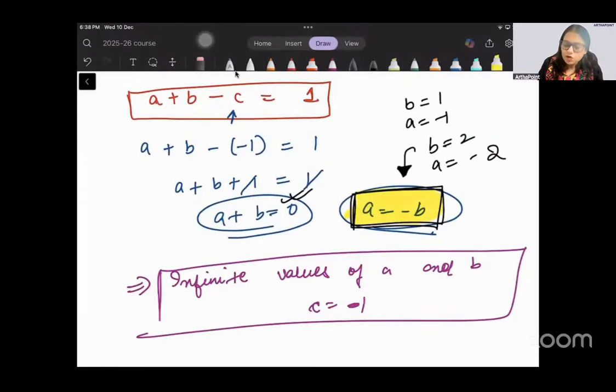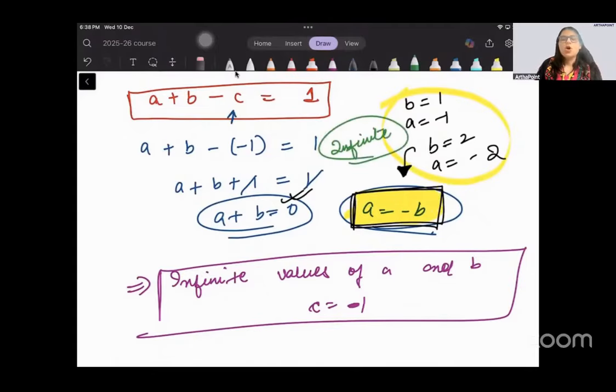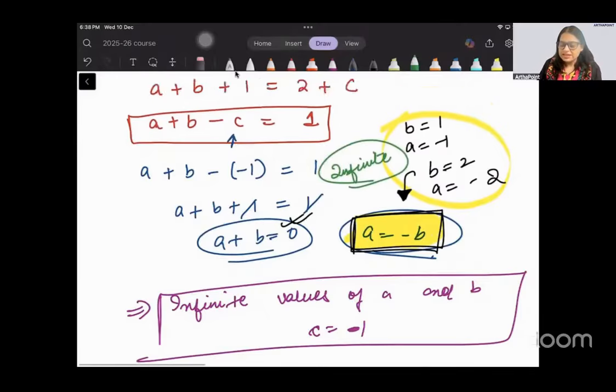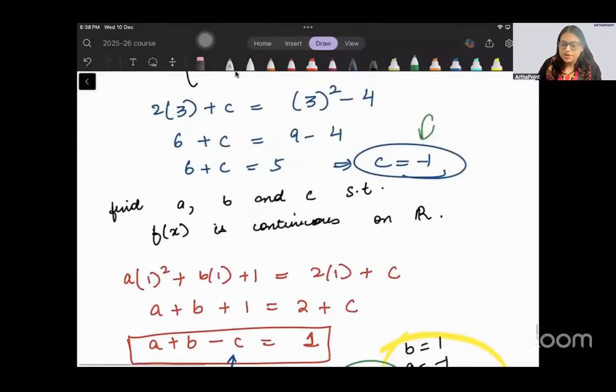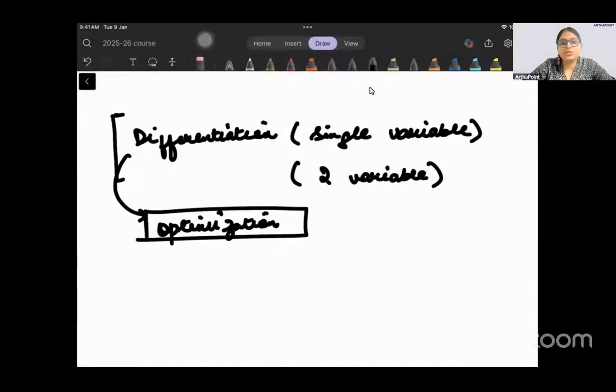So I have got that there are infinite values of a and b. And c can have only one value, which is minus 1. Is it clear? They can give you a question based on that.